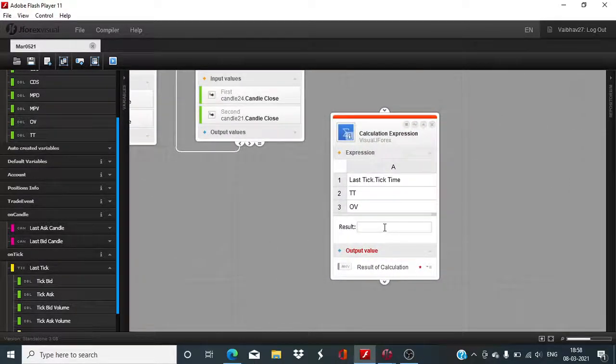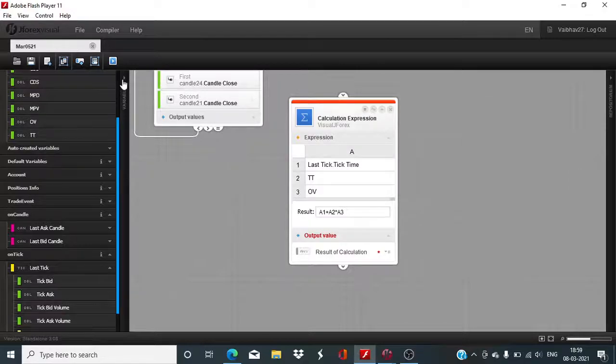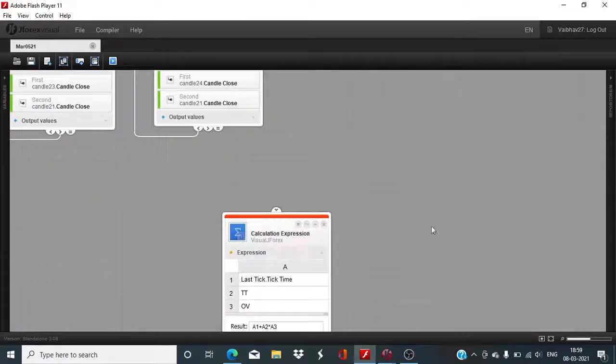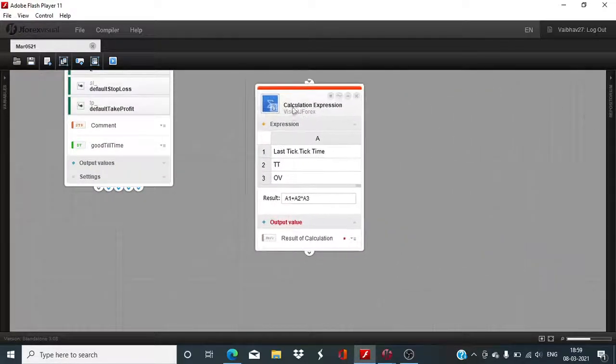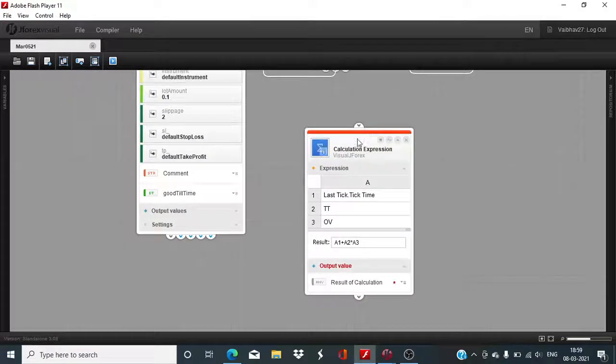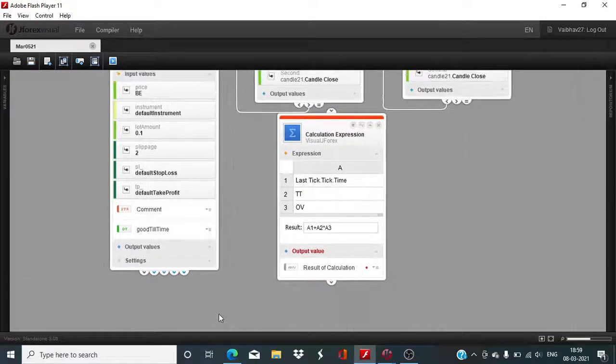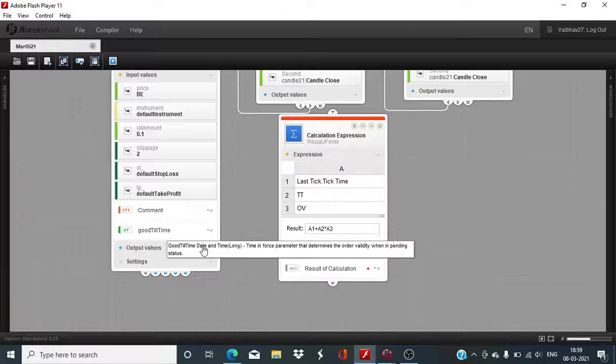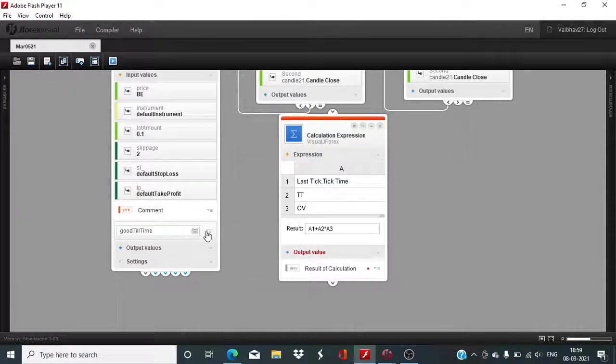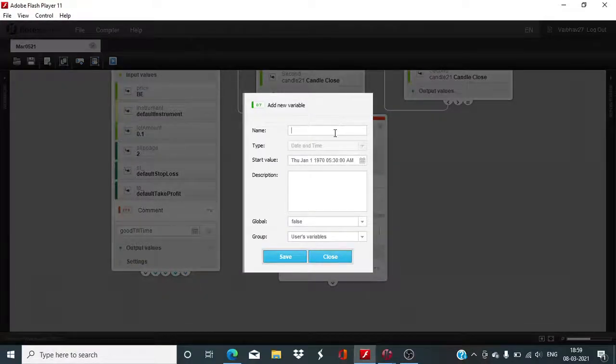This is going to be A1 plus A2 into A3, and then we have to pay attention to the data type. Here the order validity is in the long data type, so I will create the new variable here itself.